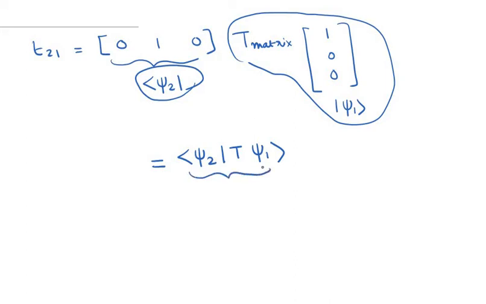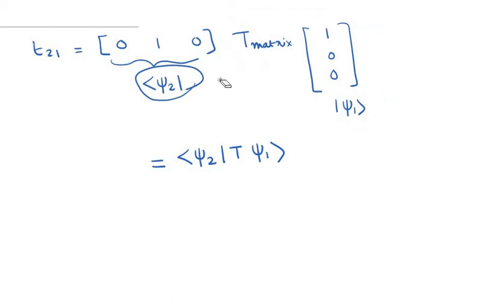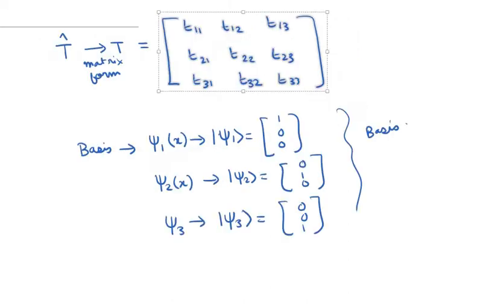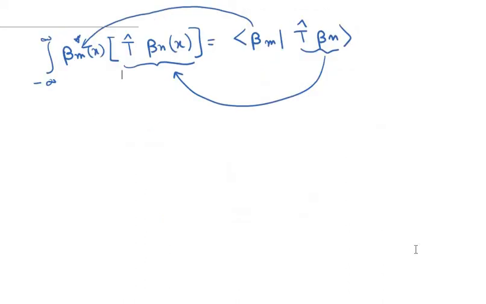Now what does this exactly correspond to? We have written this expression before, so let me go back to this expression. Yeah, so we have a similar expression over here: T operating on beta n, multiplied by this beta star m, is equal to this expression.